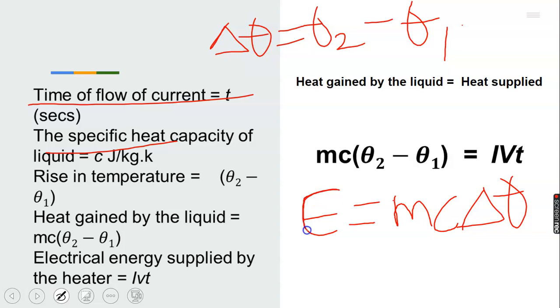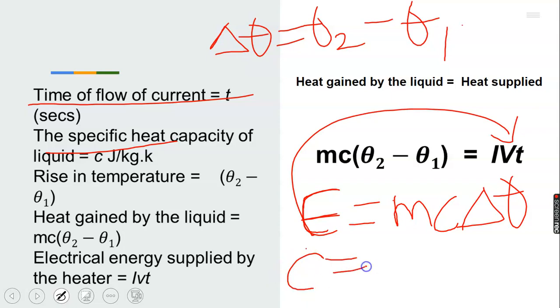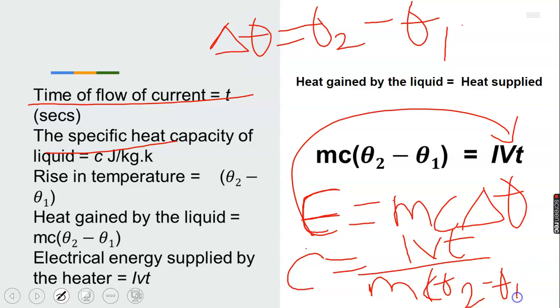And our energy is gotten using the electrical method. Instead of E, you replace it with IVT, where I is the current, V is the voltage, and T is the time. Now, when you make C the subject of the formula, you have C equals IVT all over M bracket theta 2 minus theta 1. Just like what we did for the previous one. It's as simple as that.